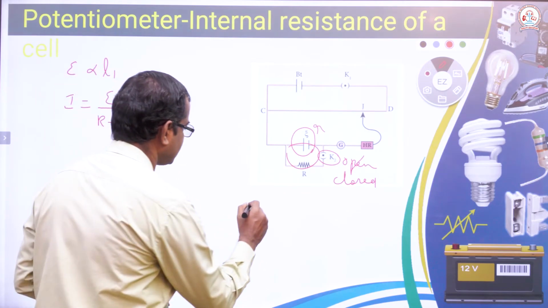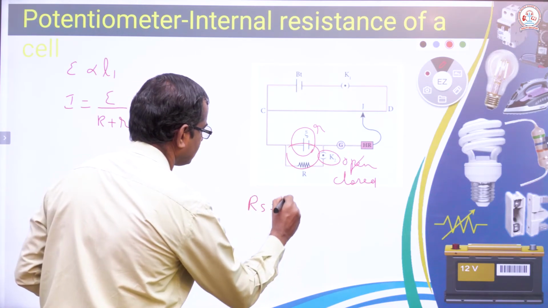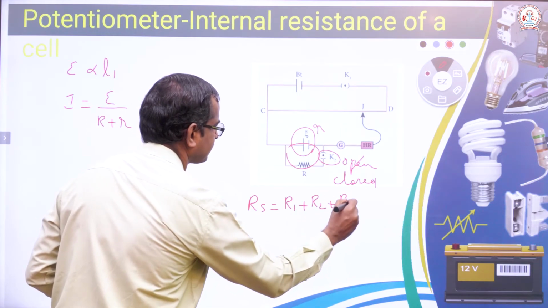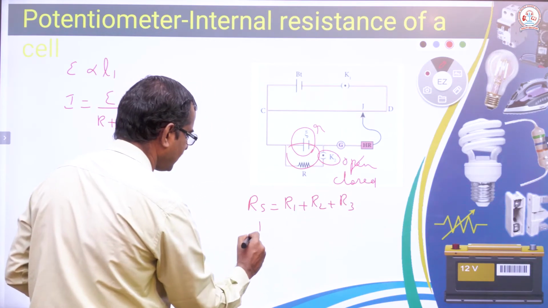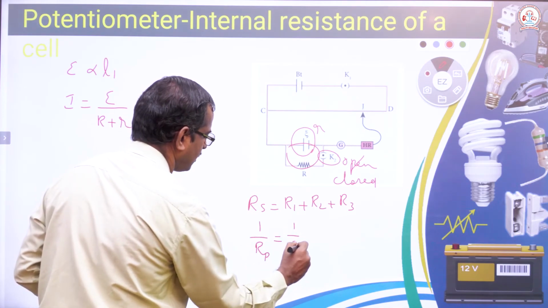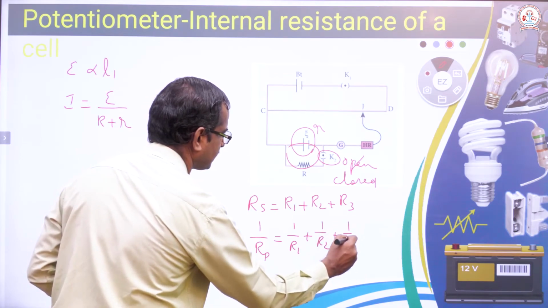For resistors in series, we have Rs equal to R1 plus R2 plus R3. Whereas for resistors in parallel, 1 by Rp is equal to 1 by R1 plus 1 by R2 plus 1 by R3.